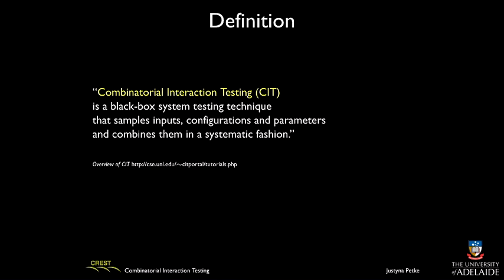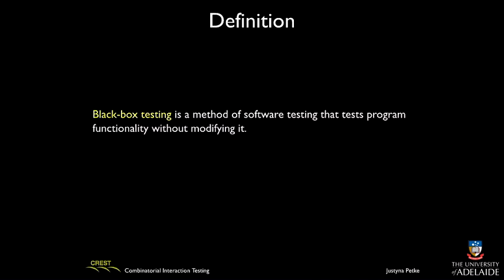In general, combinatorial interaction testing is a black box technique that samples inputs, configurations and parameters, and combines them in a systematic fashion so that you achieve a particular goal, for example that you check all pairwise interactions. Black box testing normally means that you take the entire program just as it is, and you don't look into the source code itself.